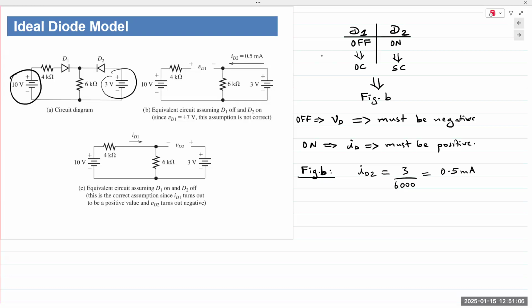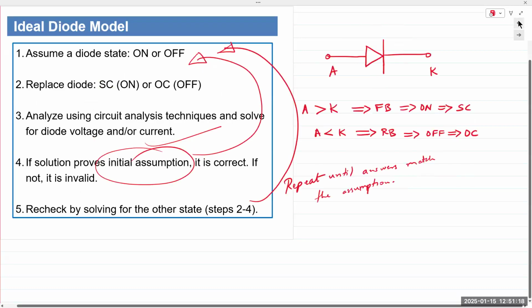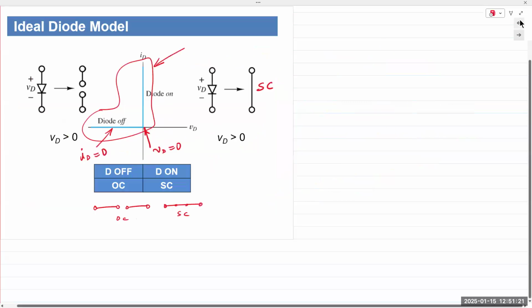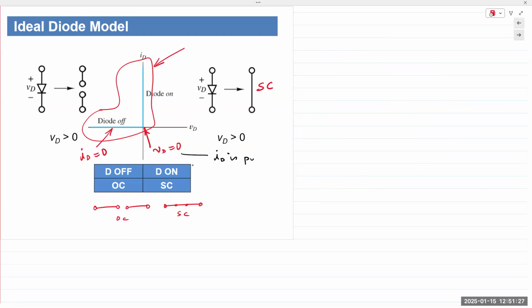If a diode is off, then the current is 0 and the voltage must be a negative value. So ID is positive. VD is negative.